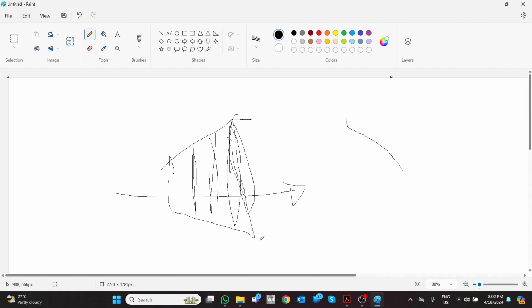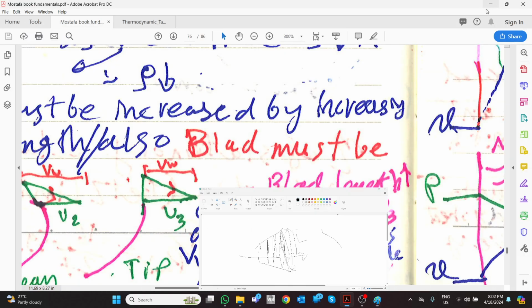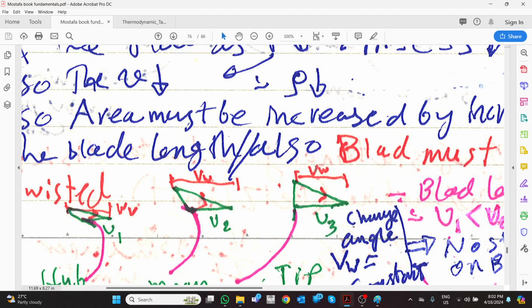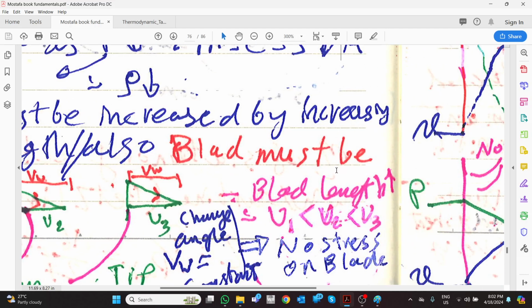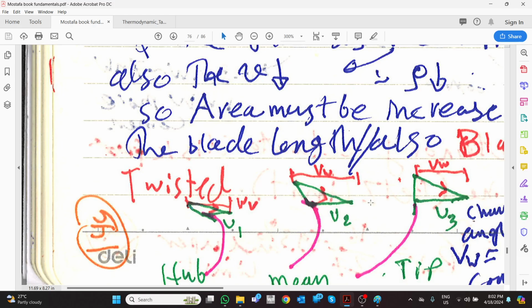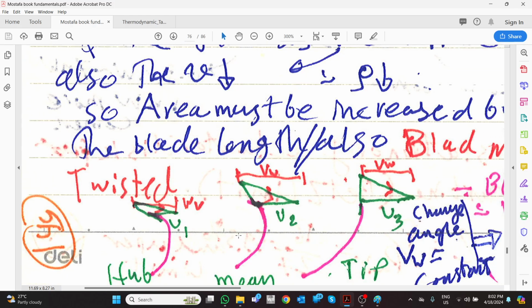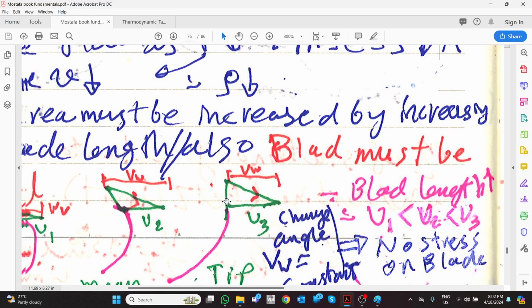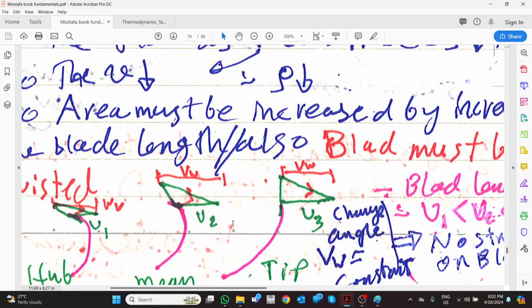Because this area is bigger, the diameter is bigger, which means the length of the plate is bigger. Okay, logic, no problem. So when the plate must have bigger length, something happens. We need to twist the plate, to what? To ensure there are no stresses on the plate.